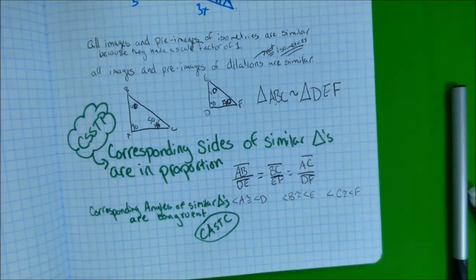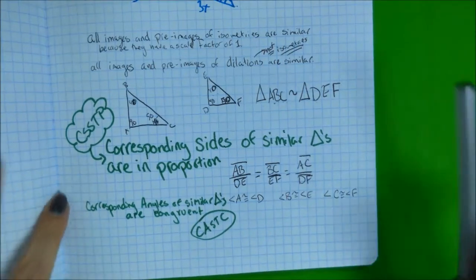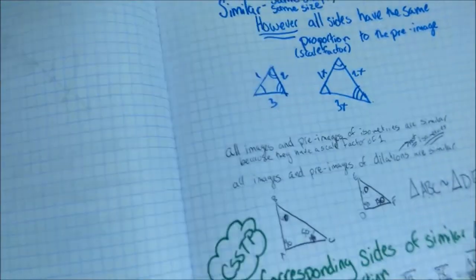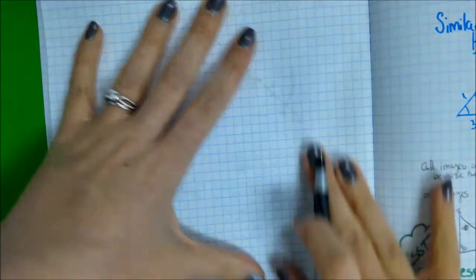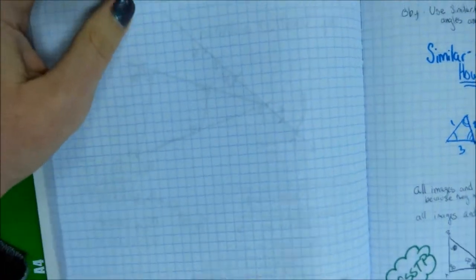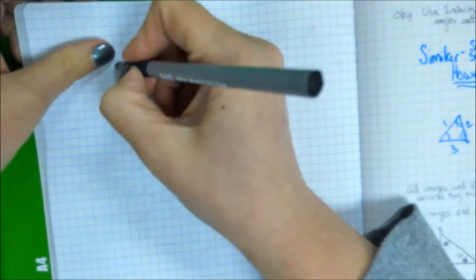So some really interesting things start to happen when we look at the ratios of the sides to each other. So I want to do a little example over on this side. Okay? What I'm going to do is I'm going to make two rectangles.